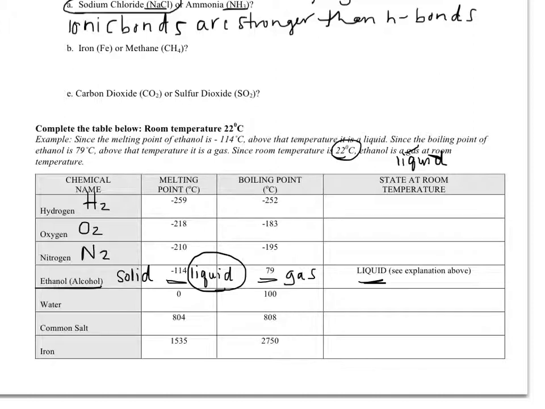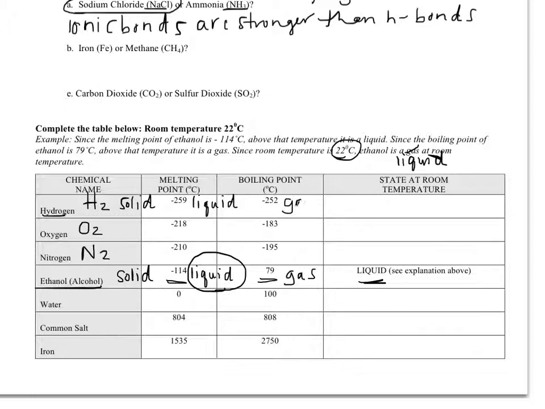Okay, so we could look at one more example, and you can do the rest together. The melting point of hydrogen is negative 259. This is crazy. So below negative 259, it's a solid. Starting at negative 259, it's going to melt and become a liquid. And at negative 252, much colder than we could ever imagine, hydrogen is going to boil.